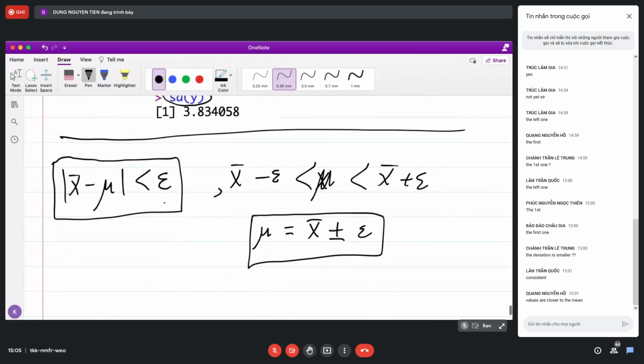So you want to estimate the value of epsilon. How can we get it?